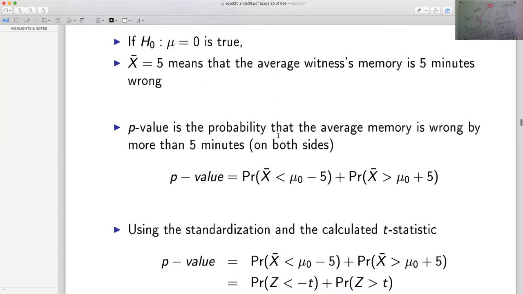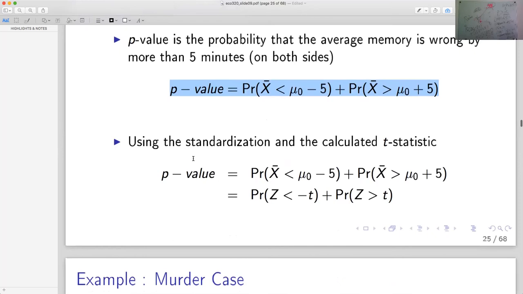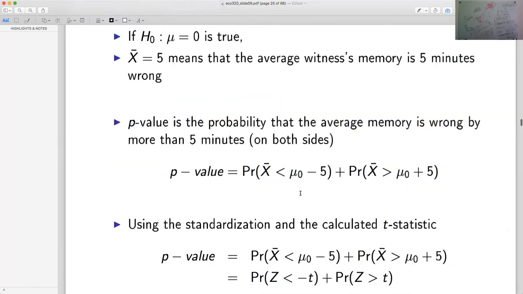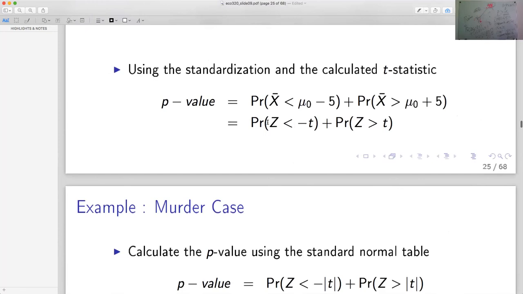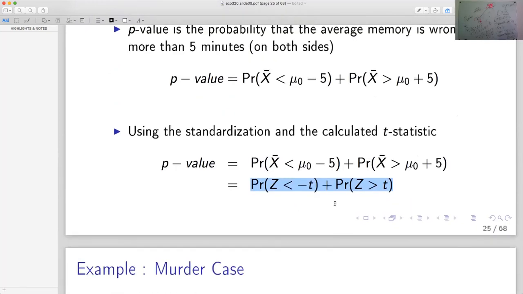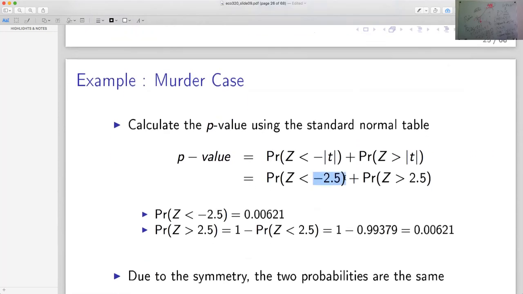So the p-value is the probability that the average memory is wrong by more than 5 minutes. This was our outcome, and we are able to convert that. I already showed this on the board, and we found t equal 2.5.